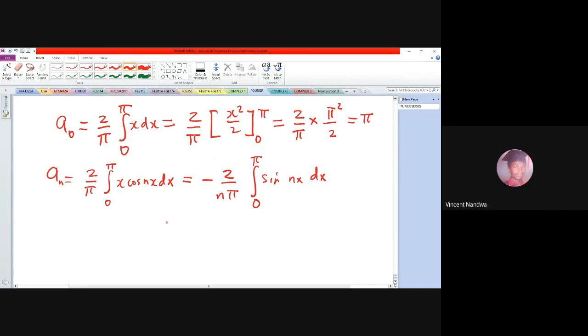So this reduces to positive 2 over pi n squared into cosine of nx from 0 to pi, which gives you 2 over pi n squared into cosine of n pi minus 1.